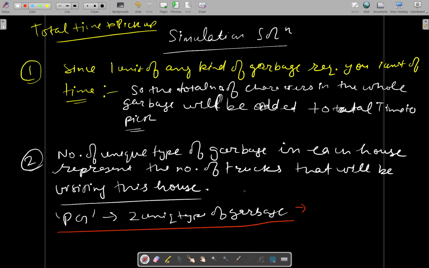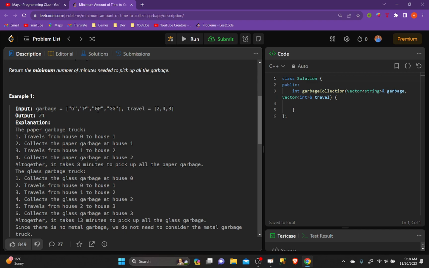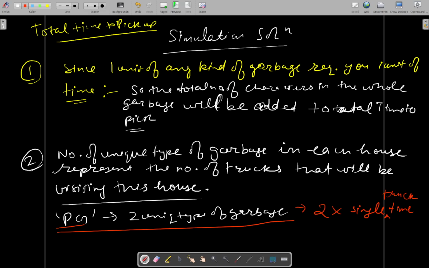So overall, if you consider only the time that will be required for these trucks to reach the house, it will be twice the time that it will take a single truck to reach the house. Let's say for a single truck it was taking 2 plus 4, 6 units of time.